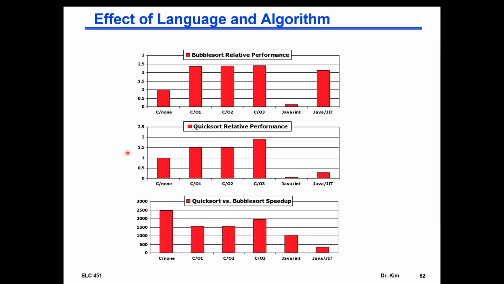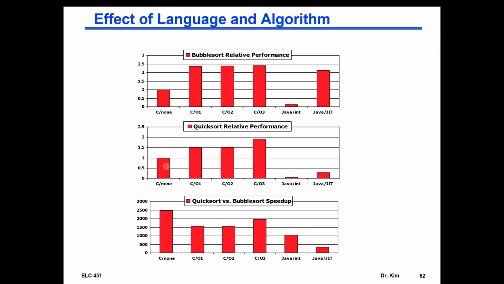Remember that this is normalized for each program, so this doesn't tell you anything about absolute numbers. It's just comparing all these different 6 cases, and it's relative because it's normalized to the C non-optimized case. Same here, there are no absolute values. It's just the relative of these 6 cases with respect to each other, normalized to the C non-optimized case.